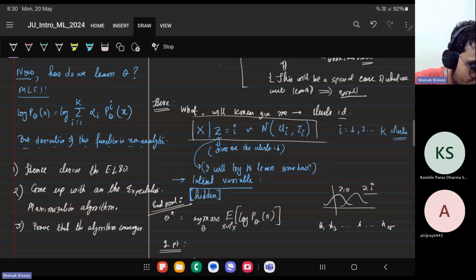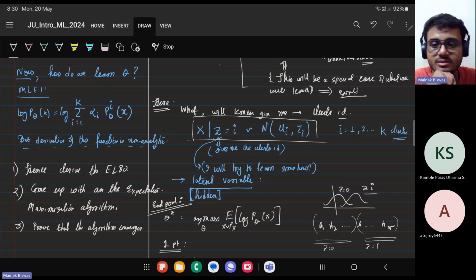Some of them will be in one country, some in the other. The latent variable will tell me which country it is in. It's like that clustering value, and then I will accordingly learn those parameters. Clear?